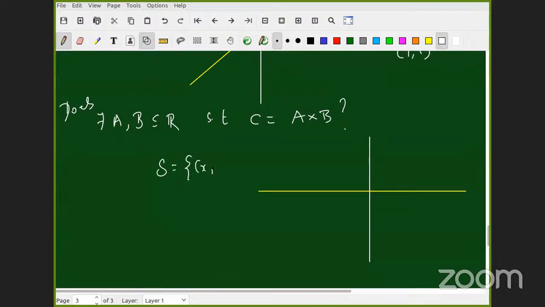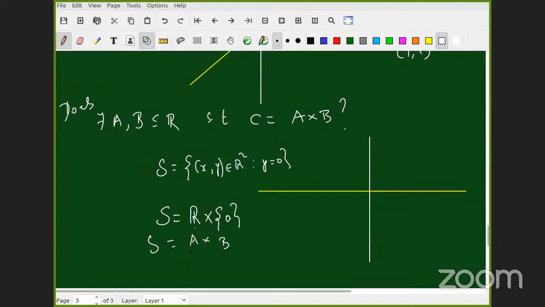The set of all (x, y) in R2 with the condition that y is 0, right? Now this set S can be written in the form A cross B. We have written it as R cross singleton 0. So I can find A as the set of real numbers, and B is singleton 0, such that my S equals A cross B.